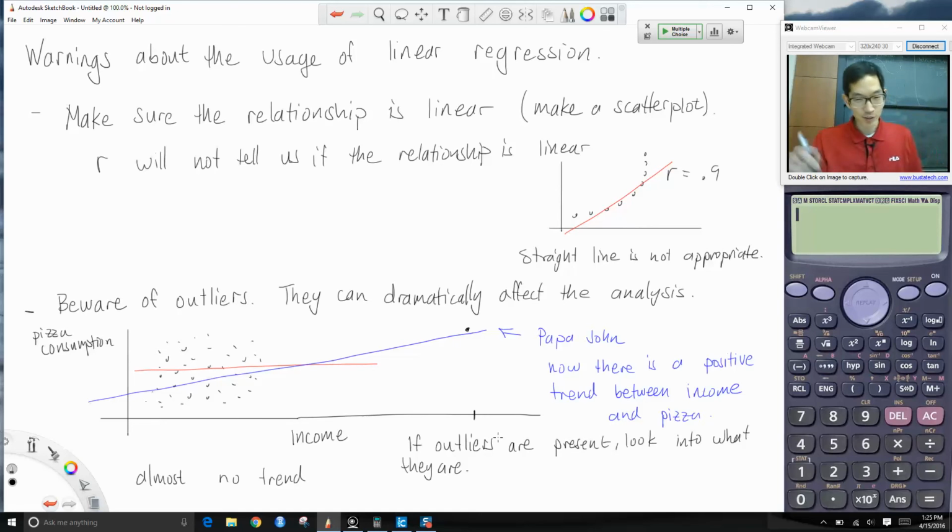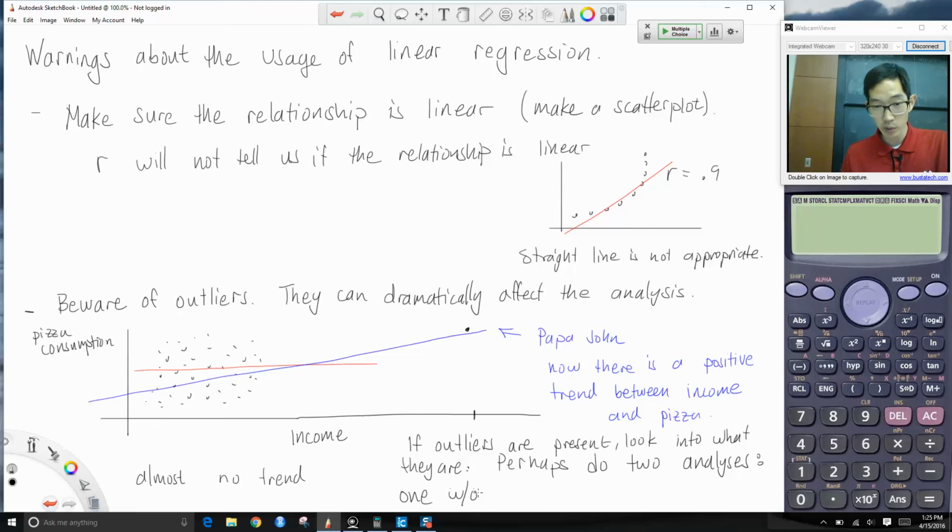So if somebody just accidentally hit a few of the wrong keys, then you should throw that away. So look into what they are. Perhaps do two analyses, one with outliers and one without.